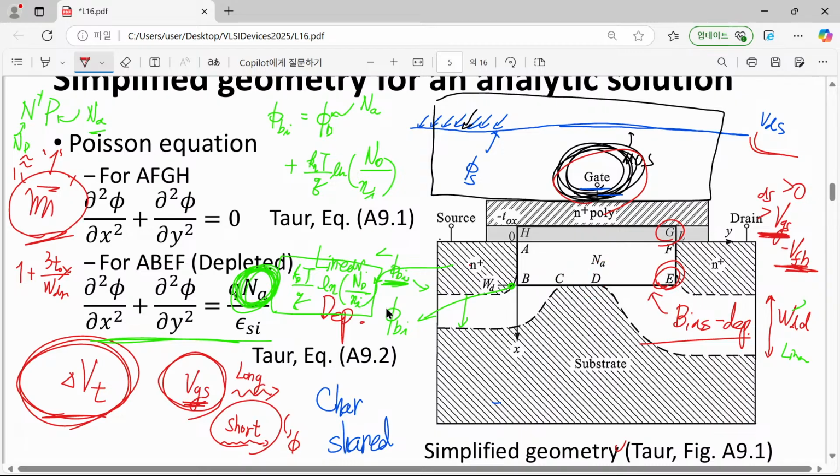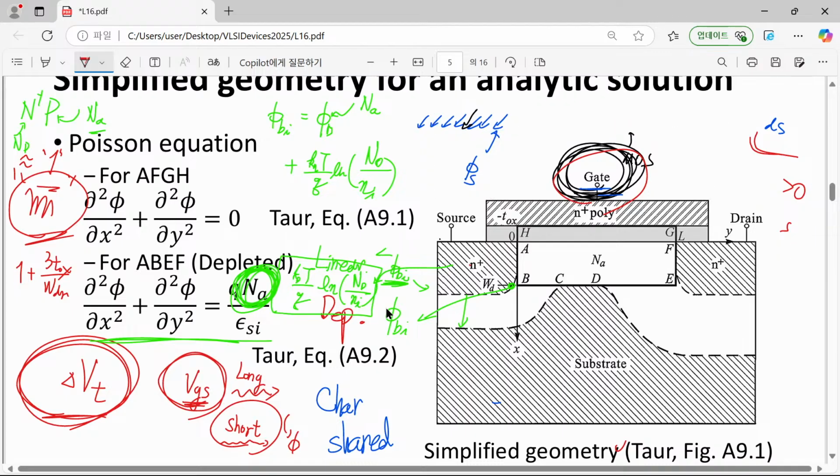Okay, so therefore, do not treat this as fully general, applicable to any general case. The positions B, C, D, E are actually determined by the gate bias. When you change your gate bias, you will have different B, C, D, E points, and also depending on your drain voltage, the D point can change.